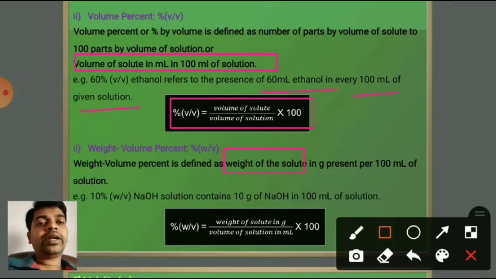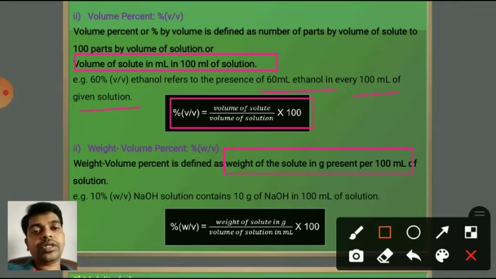So this is weight volume percentage. For example, if you want to prepare a 10% NaOH solution, that means we have to take 10 gram of NaOH in 100 ml of the solution, so that the solution becomes a 10% NaOH solution.